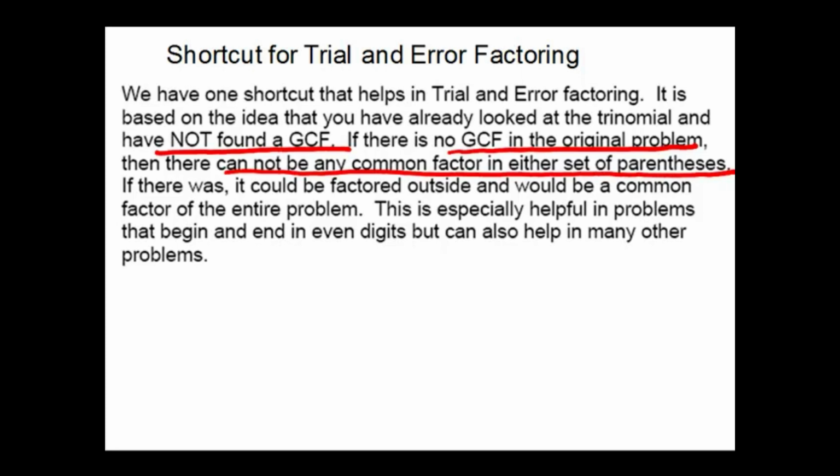So, for example, if we have 2x plus 2 as one of our factors, the 2 is a GCF, and it would need to come to the outside, but then it would have been a GCF in the original problem. So a common factor in either set of parentheses means that it would have been a factor of the entire problem. So that choice will not work.